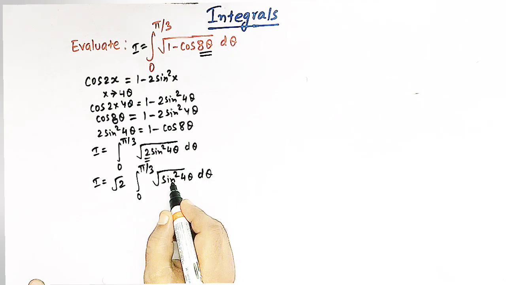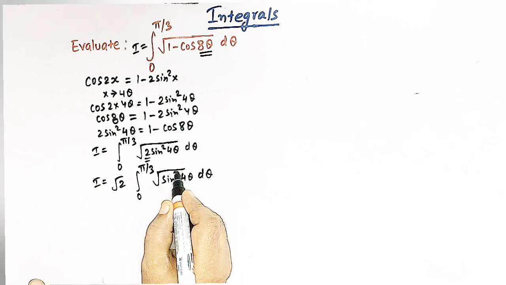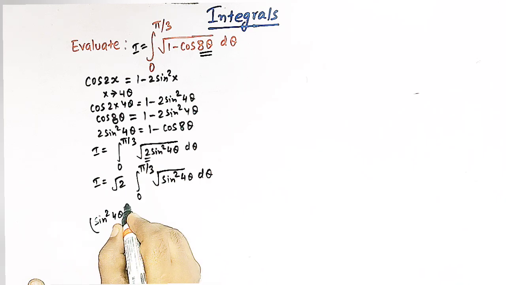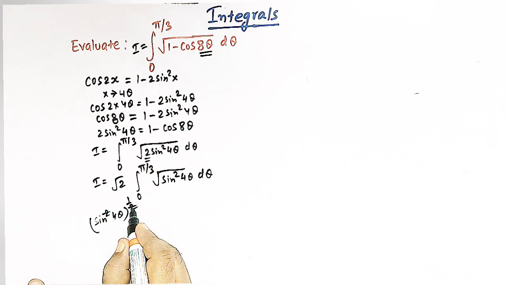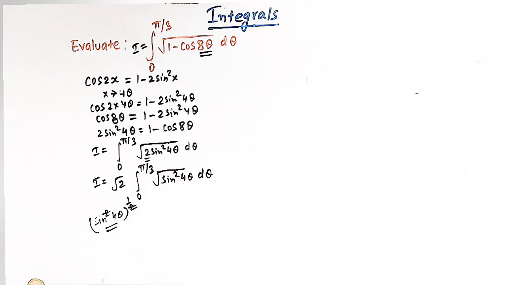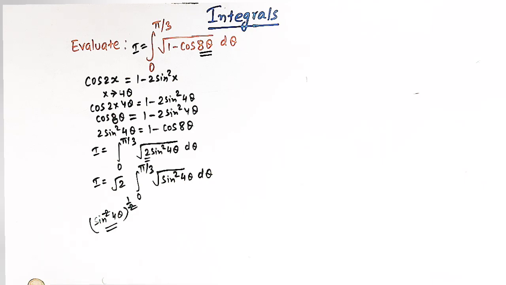Here we cannot cancel this square with this square root, because we cannot write sine square 4 theta raised to half and cancel the 2 with the 2. This is a definite integral, and moreover the sign of the sine function varies in different quadrants.